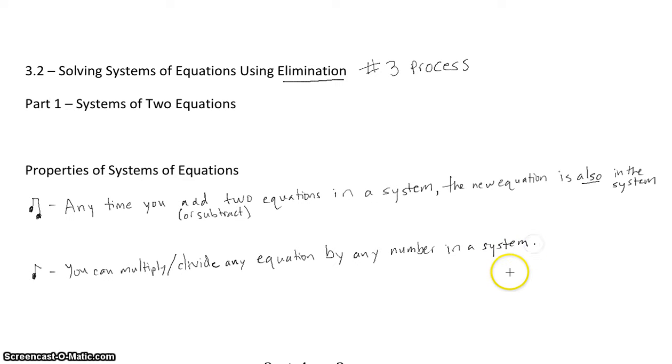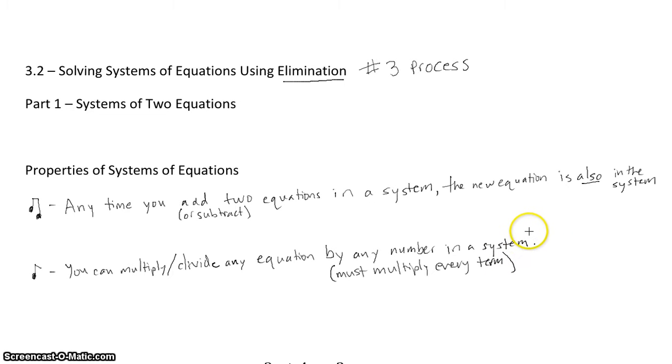You can multiply an equation by any number that you choose, as long as you multiply everything. You must multiply every term. That's a given. You have to multiply every term if this is going to work.